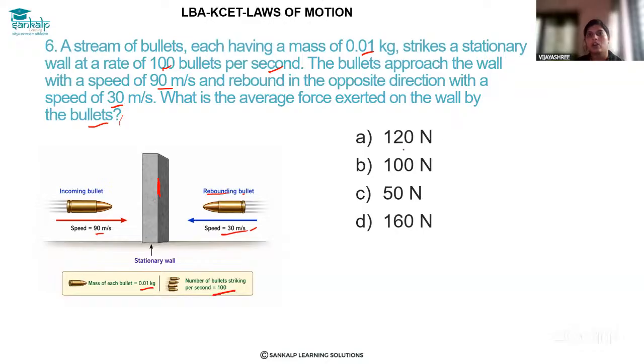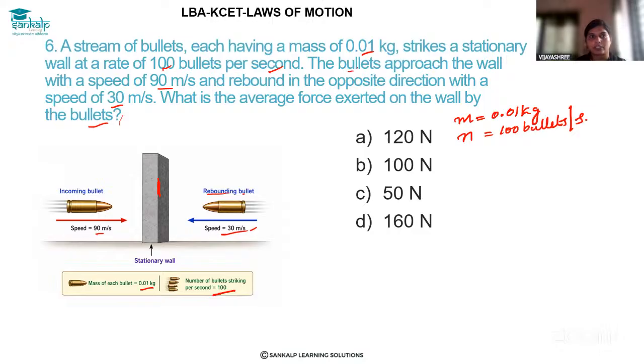So first, let's write the given data. Mass of each bullet, m, is equal to 0.01 kg. Number of bullets striking per second is 100 bullets per second.